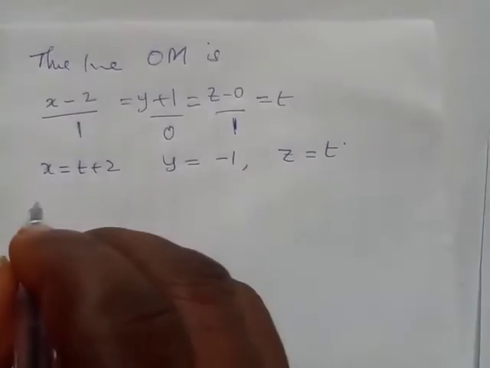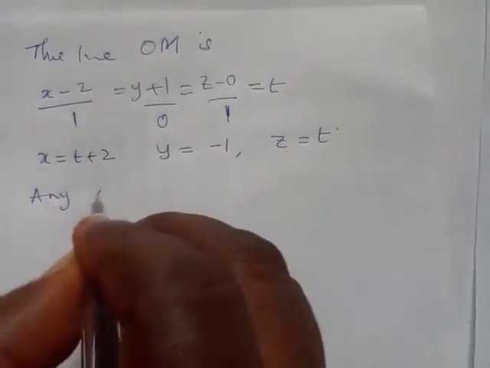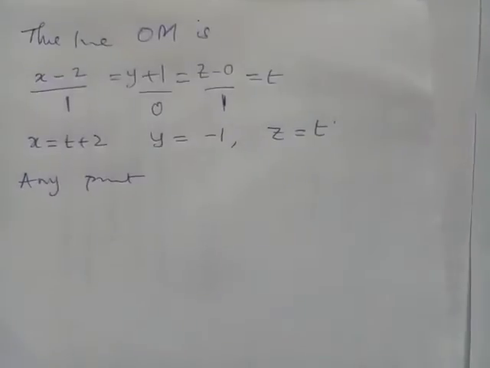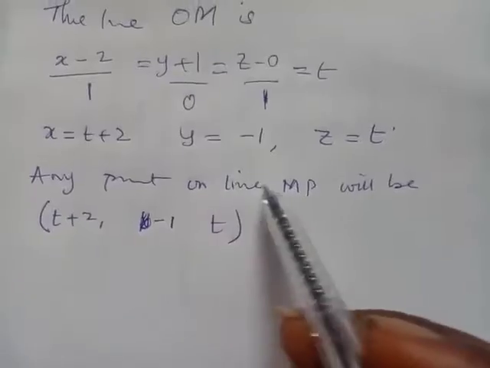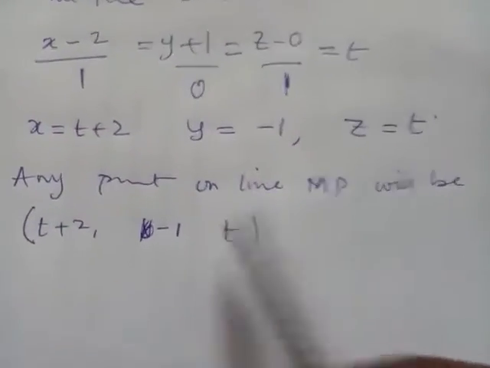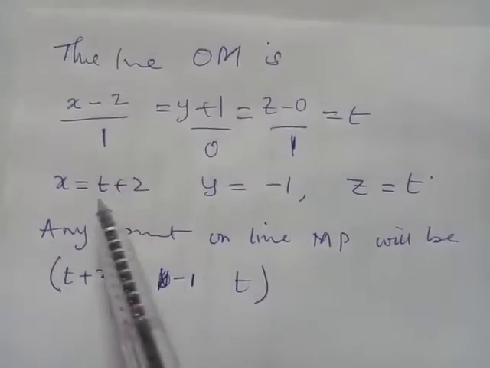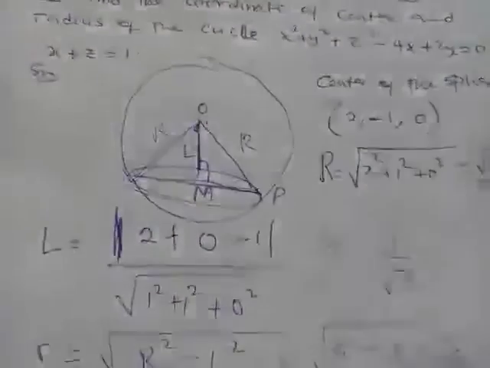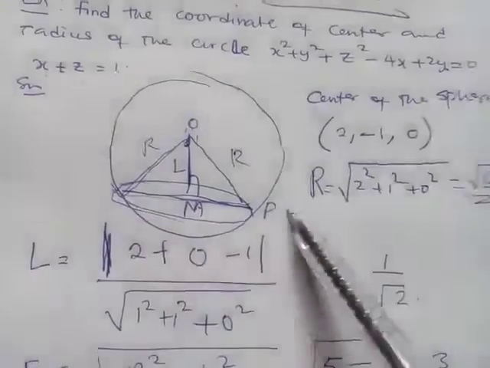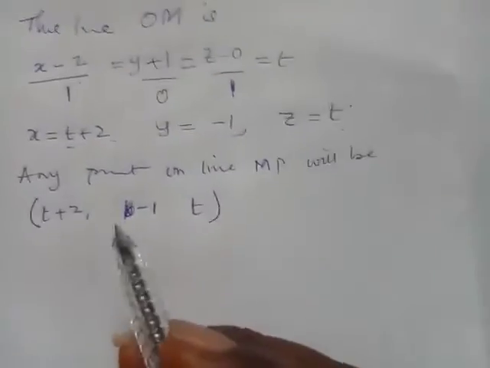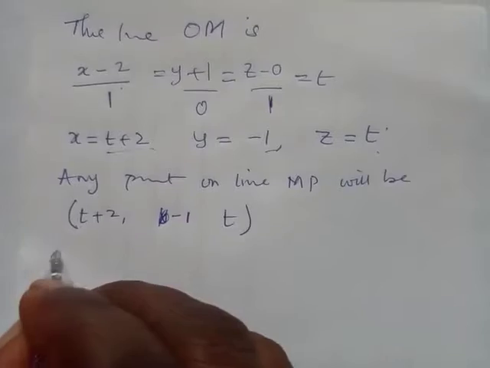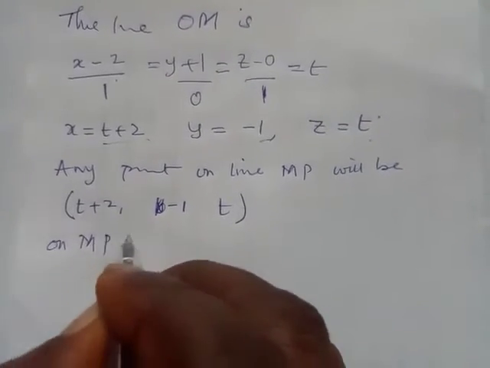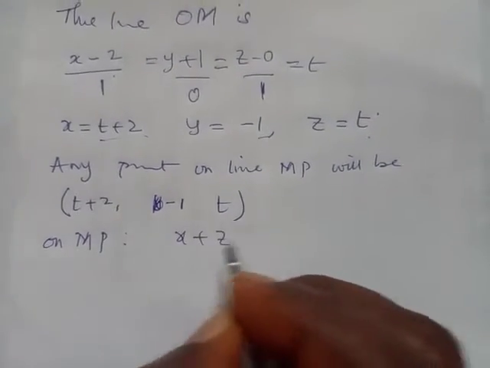So in that case, any point on line OM will be equal to this. How did we get this? This, and this. And we know that on the plane, we have x plus z is equal to 1.